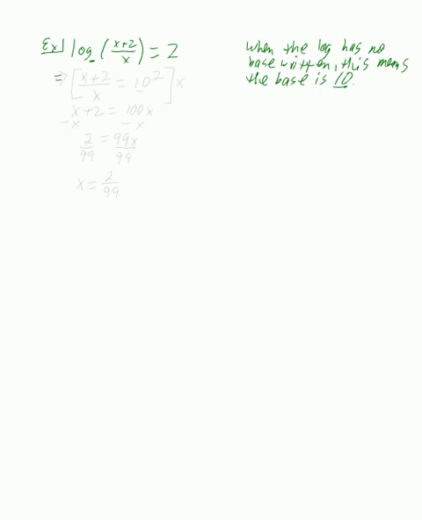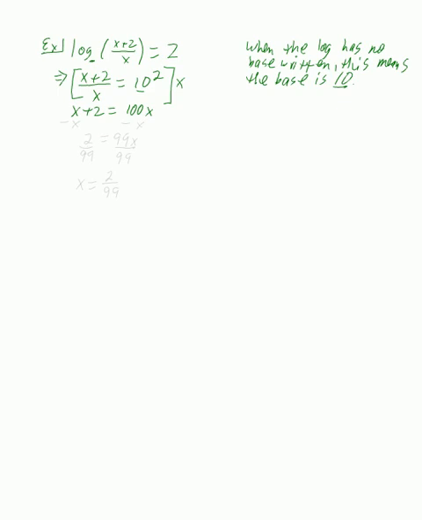So, turning this around, we end up with x plus 2 over x equals 10 to the second power. If I multiply through by the LCD in this case, which is x, I get x plus 2 is equal to 100 times x.